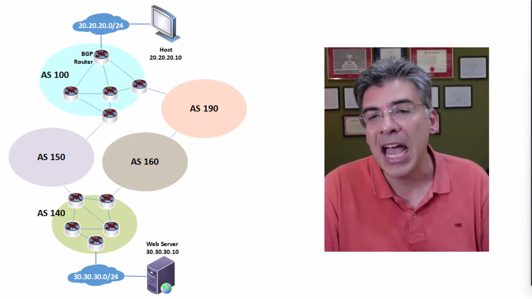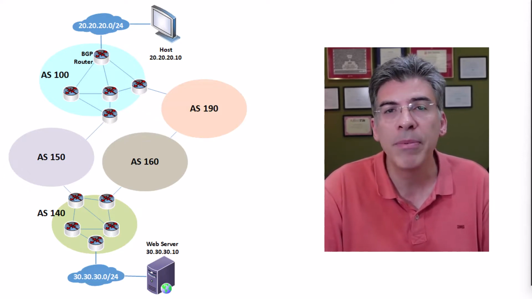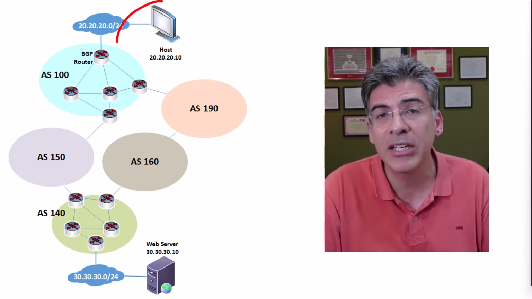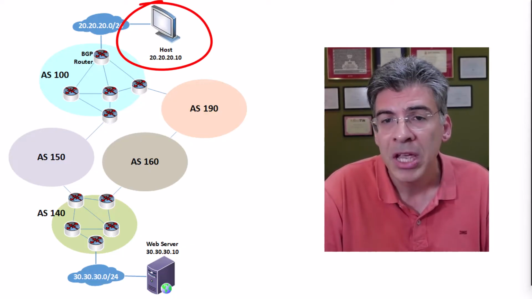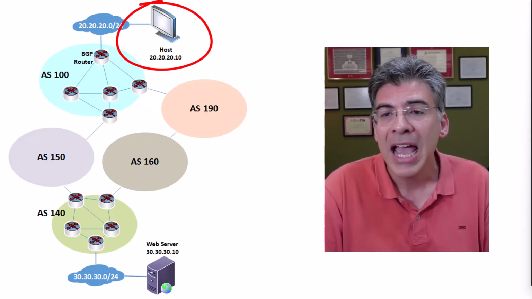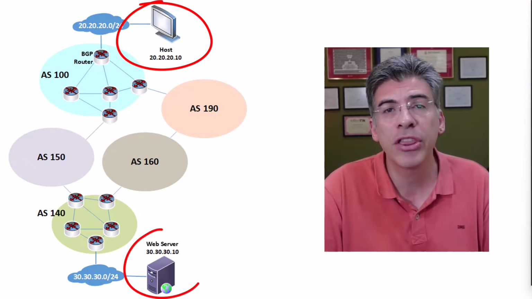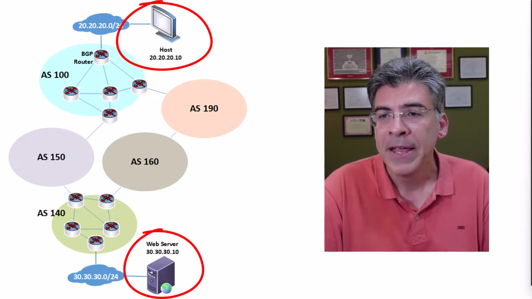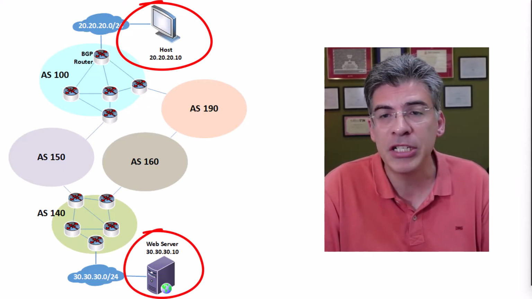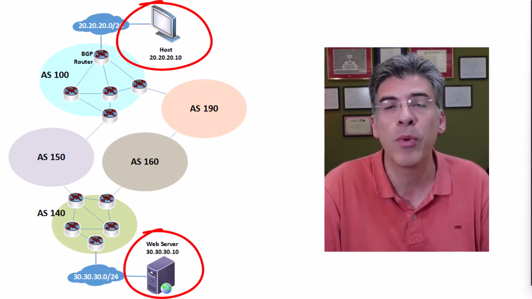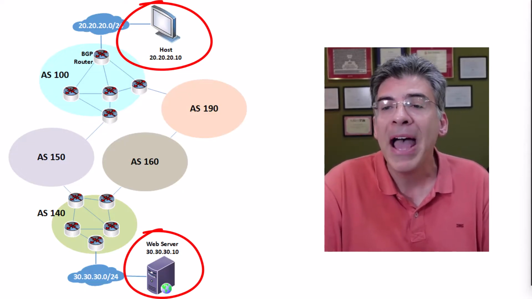So looking at this diagram, let's say that the host at the top with an IP address of 20.20.20.10 wants to reach the web server at the IP address 30.30.30.10. The packet will reach the first BGP router found within AS100, and it will look up how to get to the destination.